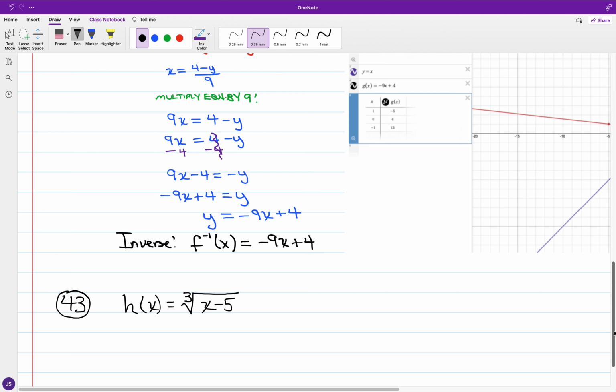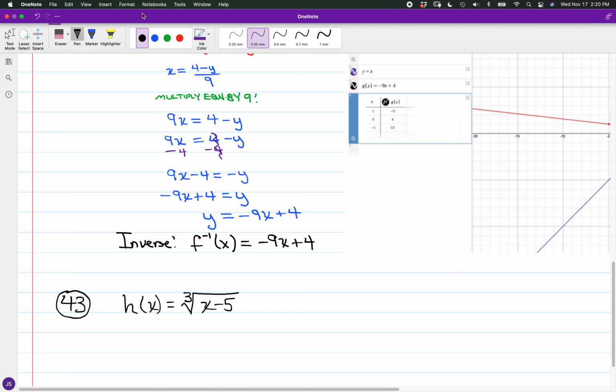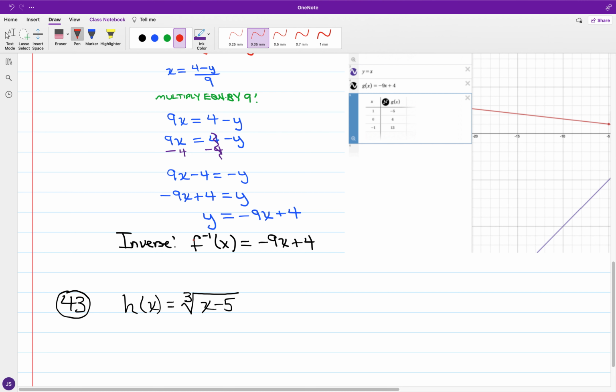And I'll just mention now, in the case of the type of root, remember we've got an odd root, as opposed to an even root. Since we have an odd root, that means for what we have regarding x, there'll be no restrictions on the domain.